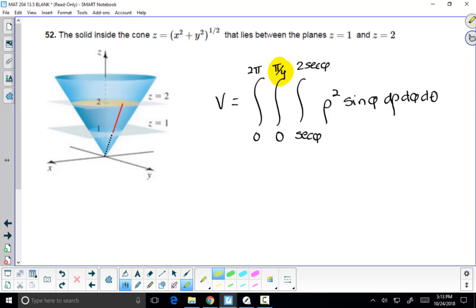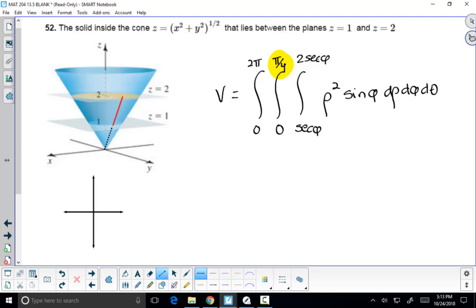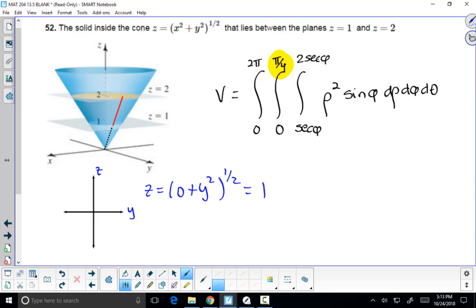When we look at our cone here, we're going to project it into the YZ plane. If I project into the YZ plane, what is x equal to? 0. So in the YZ plane, we have z equals 0 plus y squared to the 1/2, and the square root of y squared is absolute value of y, which is this curve right here.